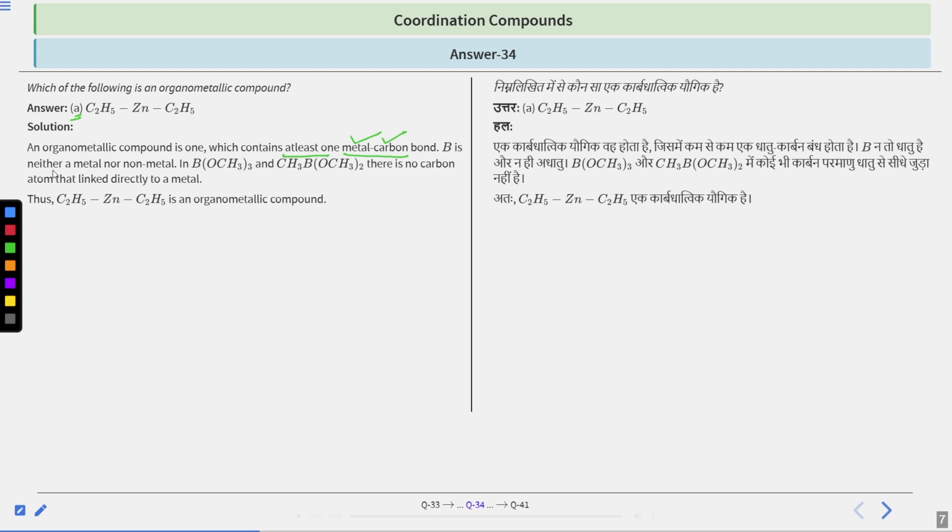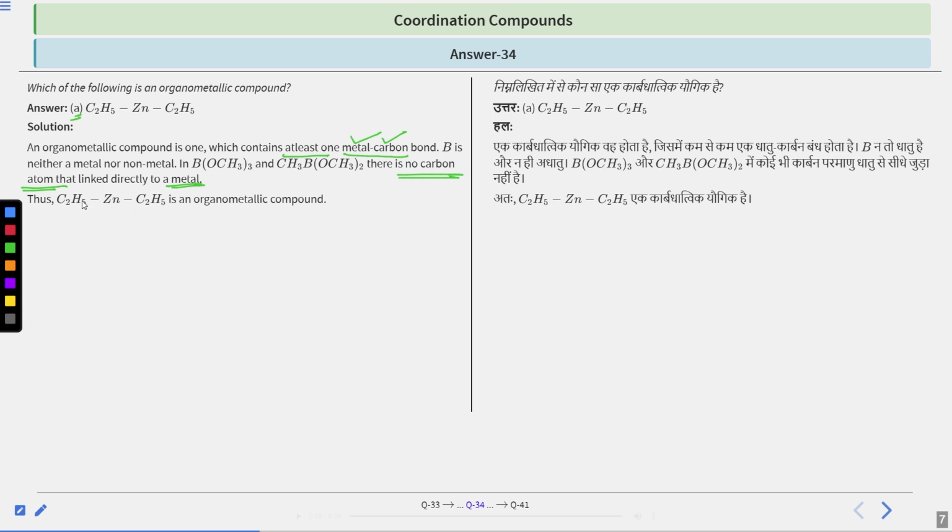B, that is boron, is neither a metal nor a non-metal. It comes under metalloids. So in B(OCH3)3 and CH3B(OCH3)2, there is no carbon atom linked directly to a metal. There is not even one metal-carbon bond in these two compounds.